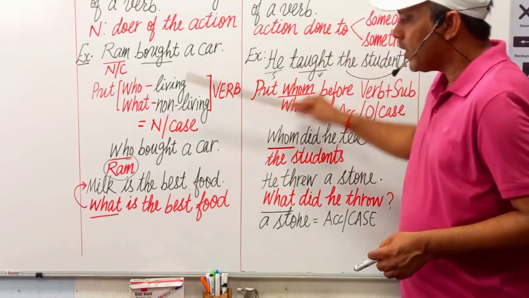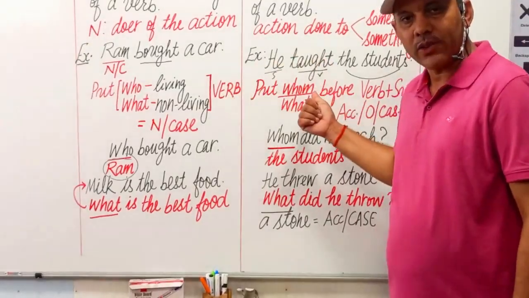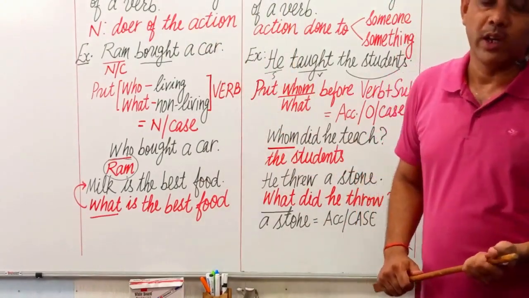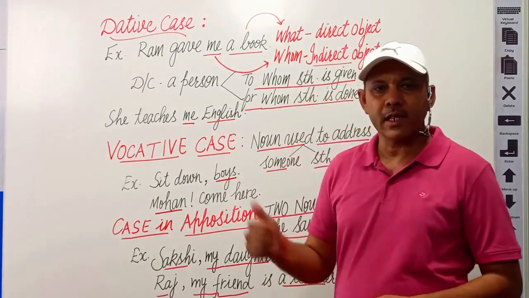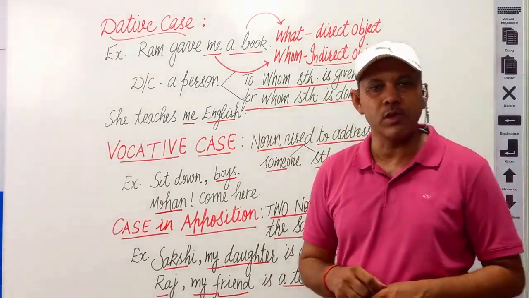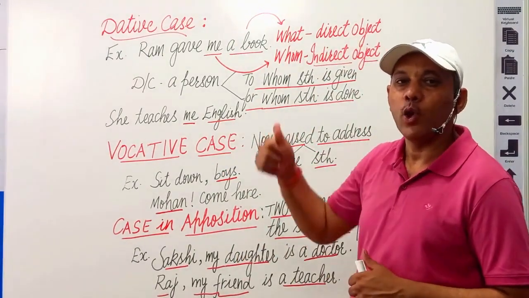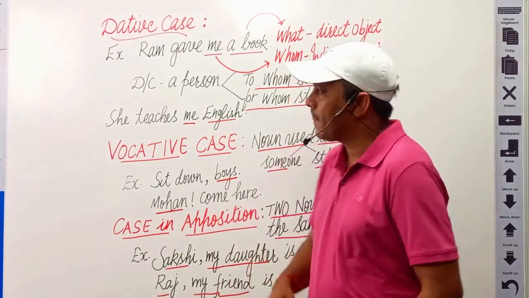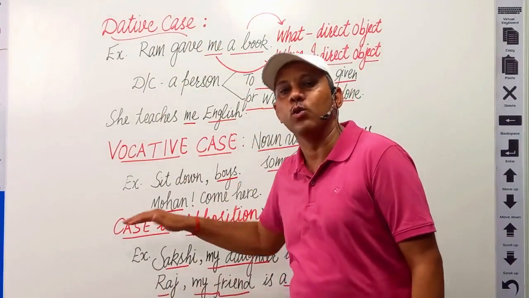In this way, we can find out subjective or objective case of noun, nominative or accusative case of noun in a given sentence. Students, we have discussed subjective and objective cases of nouns, or you can say nominative and accusative cases of noun, in the previous video, and now we are going to discuss the other cases of nouns.